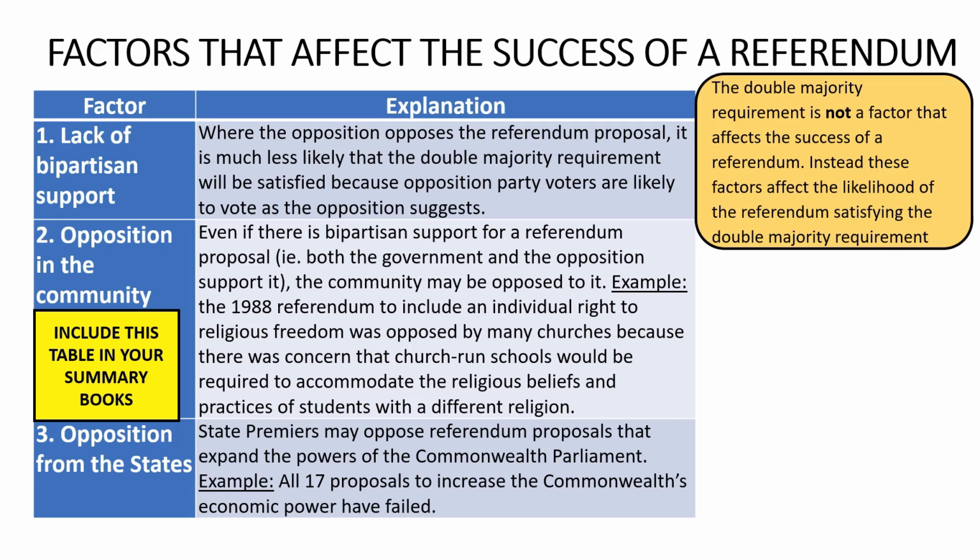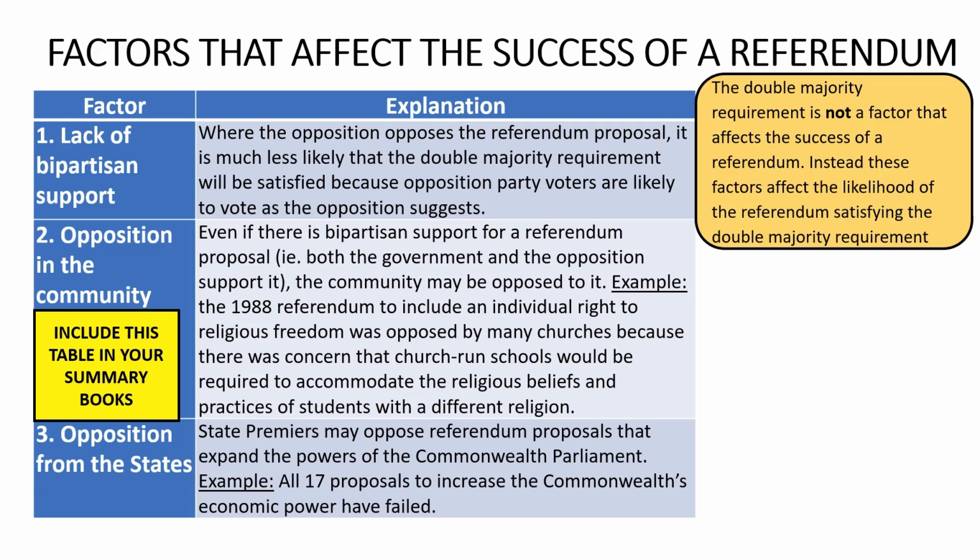The third factor that can affect the success of a referendum is opposition from the states. For example, where state premiers oppose a proposal to change the Constitution to give the Commonwealth Parliament more powers. Again, such opposition might encourage many voters to vote against the referendum proposal.